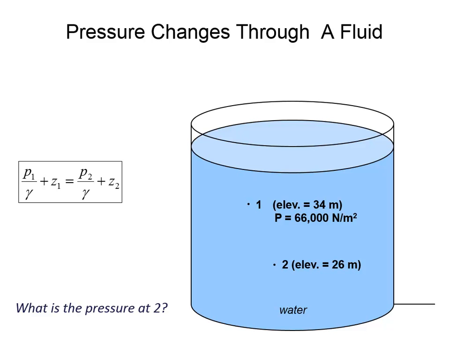So it'll be the starting pressure that you had of 66,000 pascals plus adding 78,480 pascals, and together that total pressure is 144,480 pascals, or 144 kPa.